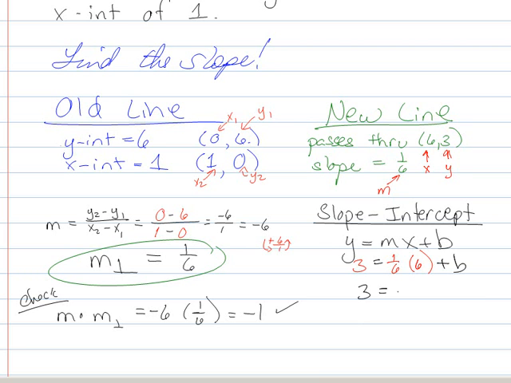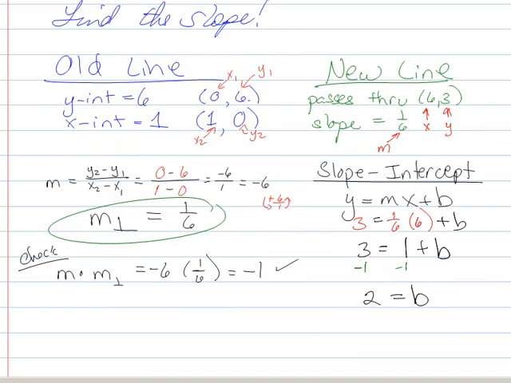So 3 equals 1 plus b, and subtract 1 off of both sides, and get 2 equals b. So b equals 2. Why do I feel like I'm doing this funky? Who knows? I'm pretty sure I'm doing it right.